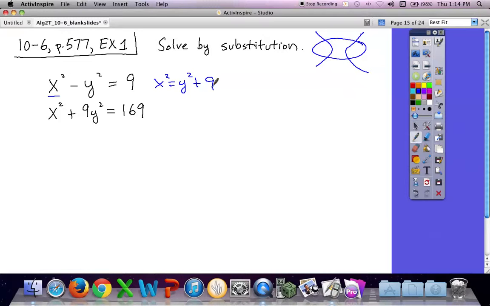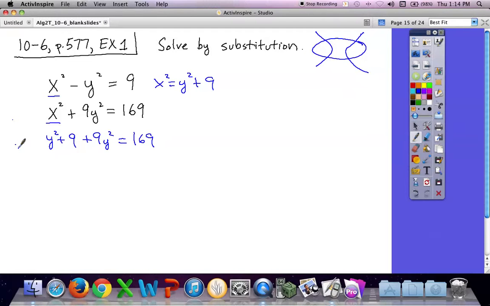Okay, next step in substitution would say to substitute for that x squared in the other equation. So in place of x squared, I'll write y squared plus 9, because that's what x squared equals. And I still have my plus 9y squared, and I still have the equals 169. But the important thing now is I have one equation and one variable.